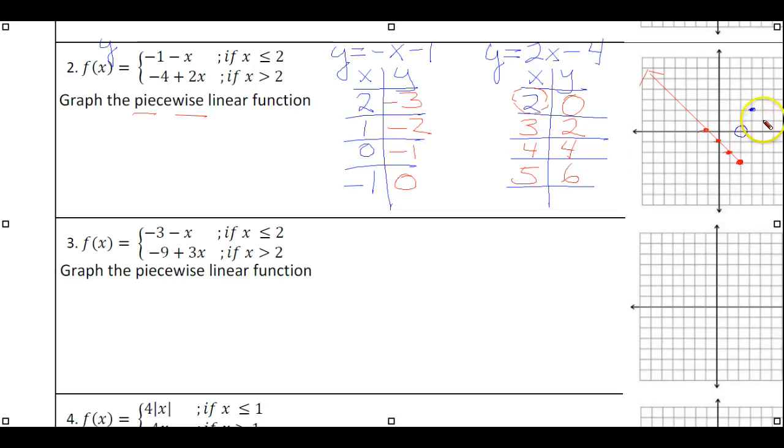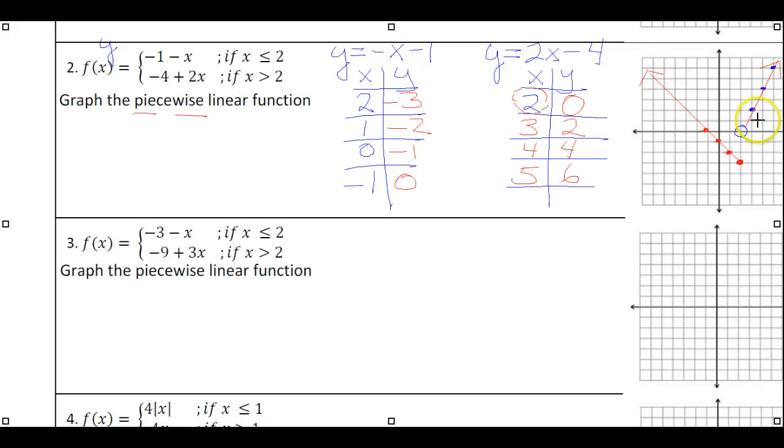So 4, 1, 2, 3, 4. And then 5, we go up 6. So again, our line for this will go like so. Whoop, let's get it a little better. There we go. And again, this goes on to infinity in that direction.